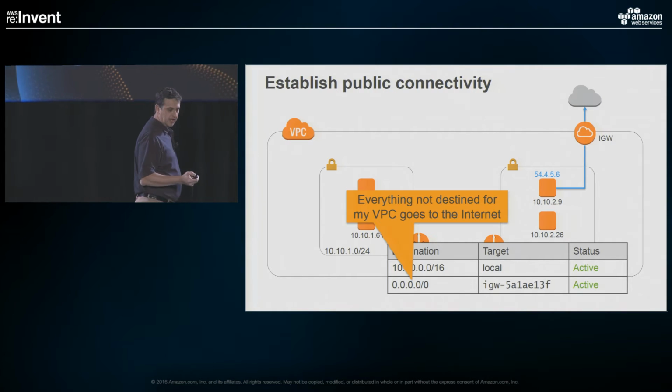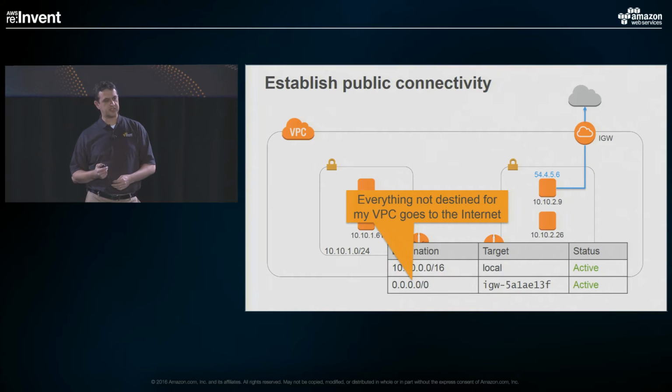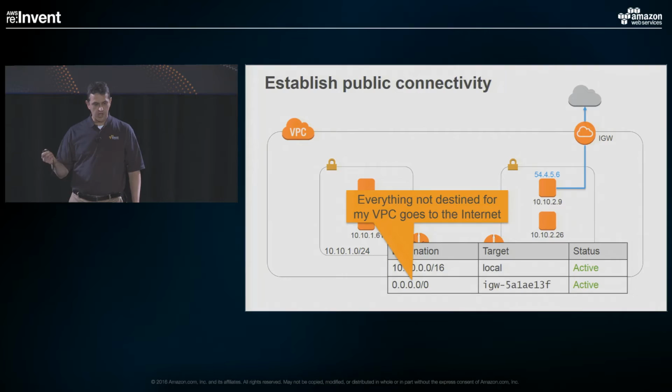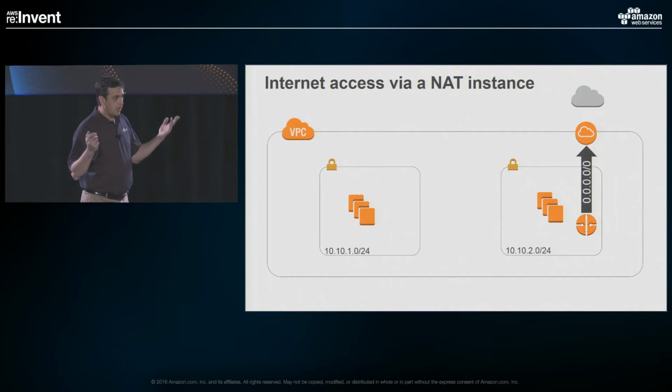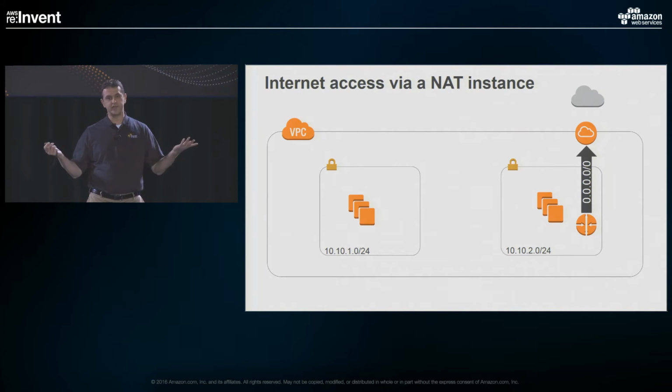And then the default route, in plain English, is stating that any traffic not destined to my VPC will go to the internet through the IGW. And you'll see the target is the IGW ID.